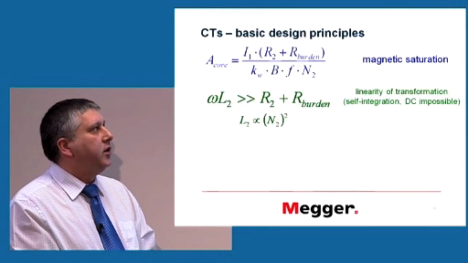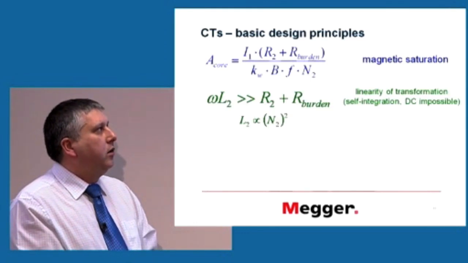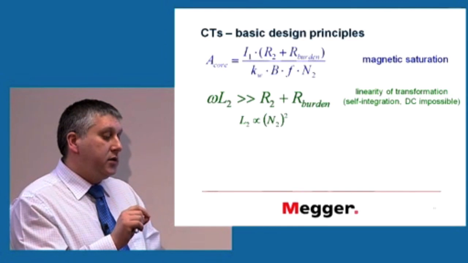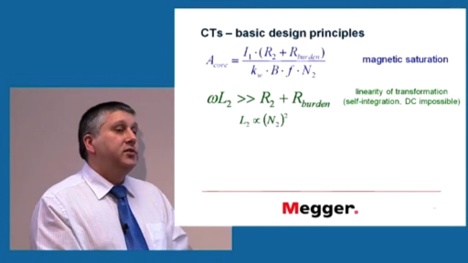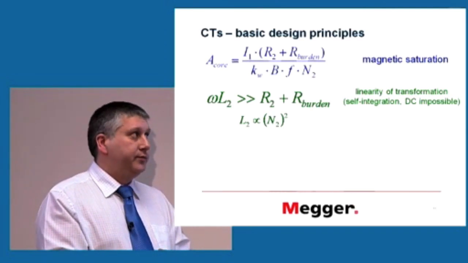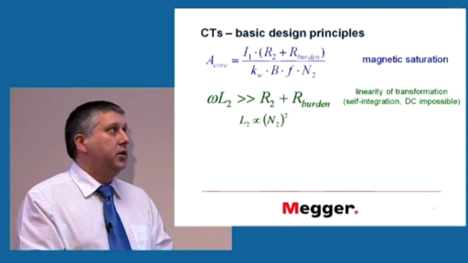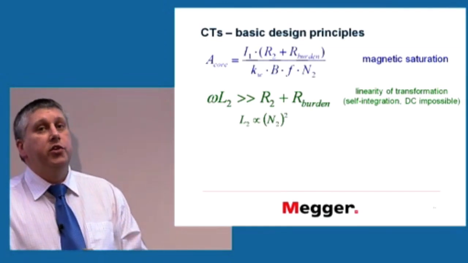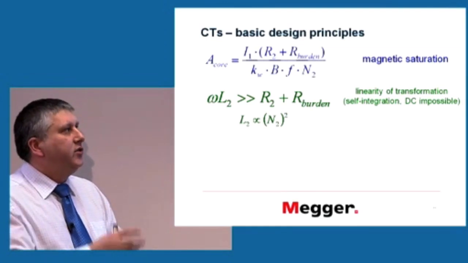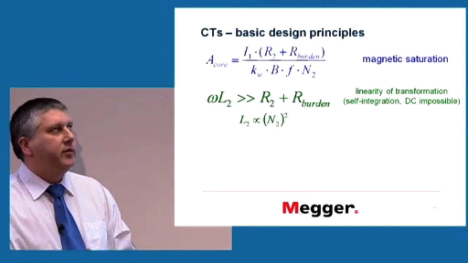Another very important factor is that the inductance or reactance of the secondary coil has to be much, much greater than our load. If that condition isn't met, something called self-integration will not happen. And I mean, obviously this is impossible because we have omega involved anyway.